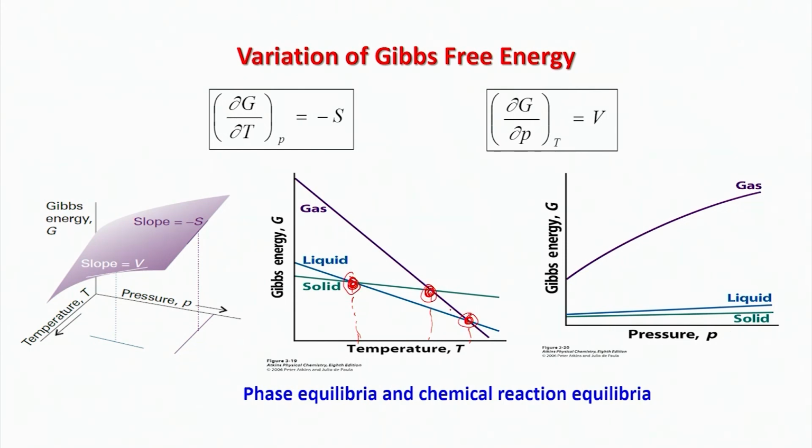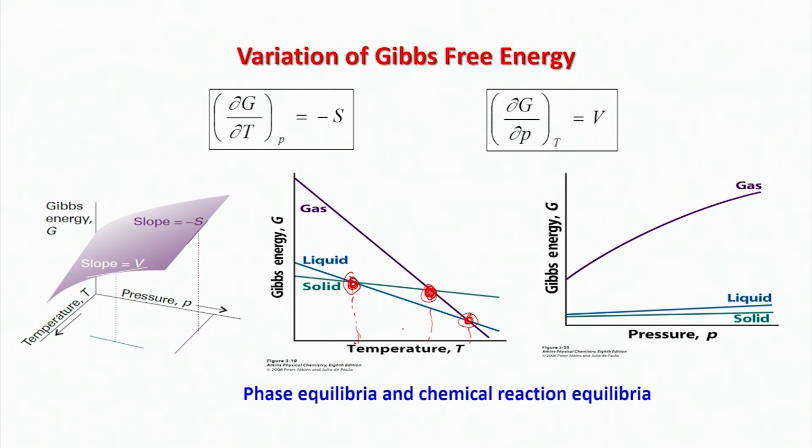So in this case, I would say that yes, at this temperature, the free energies of the solid and the liquid phases are equal. Therefore, they can coexist in equilibrium. Similarly, here at this temperature, I find that the solid and the gas phase can coexist in equilibrium.